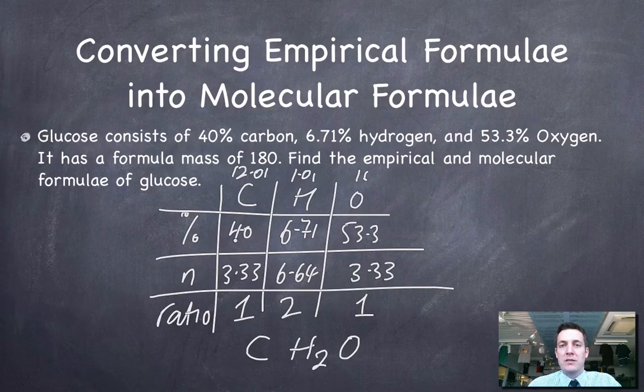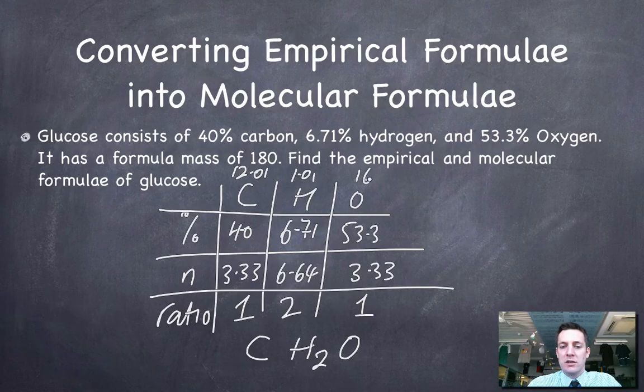Now, back to this formula mass of 180. My formula mass tells me the sum of all the atoms' atomic masses in one molecule of glucose. I can find the sum of all the atomic masses here. That would be 12.01, let's just call it 12, plus 2 plus 16.